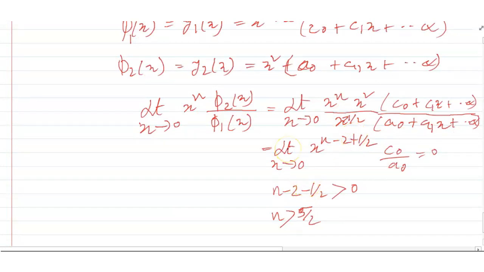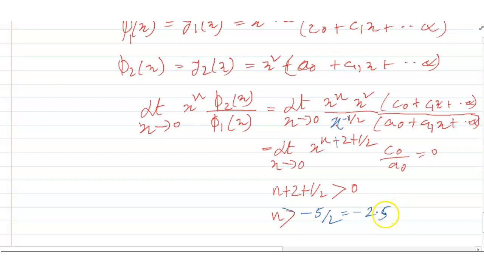A small calculation mistake: x to the power minus half in the denominator will become plus half. So n greater than minus 5 by 2. So friends, this is my answer: n is obviously greater than minus 5 by 2, which means minus 2.5.